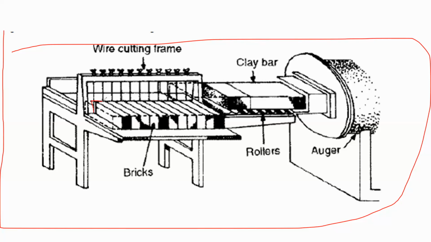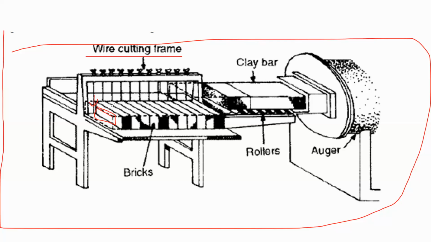From these rectangular openings, your bricks are coming out. Inside the machine you put the clay, then from this rectangular opening your brick will come out. Suppose this is one length of the brick. When this length gets over, with the help of this wire cutting frame, it comes down and cuts the brick.